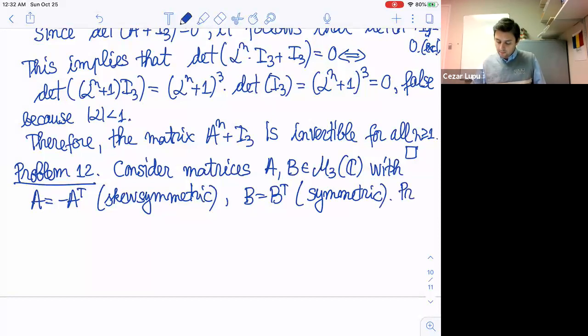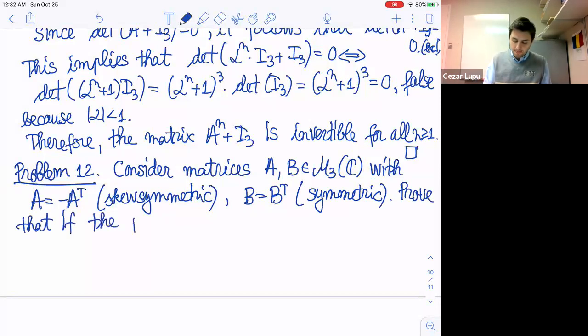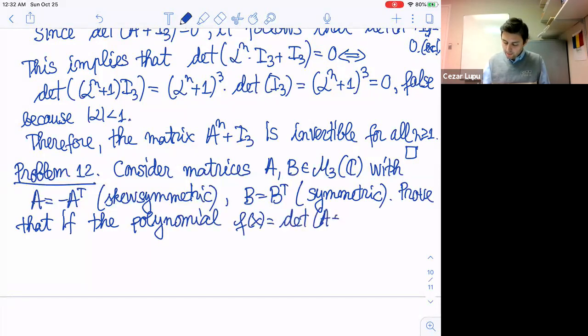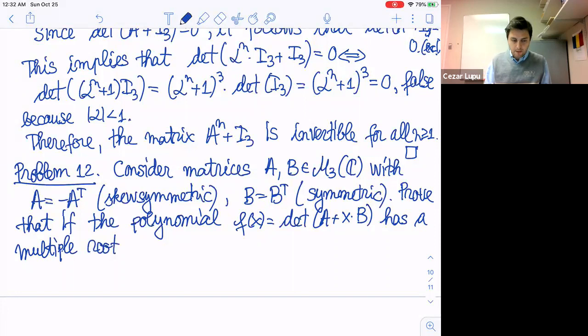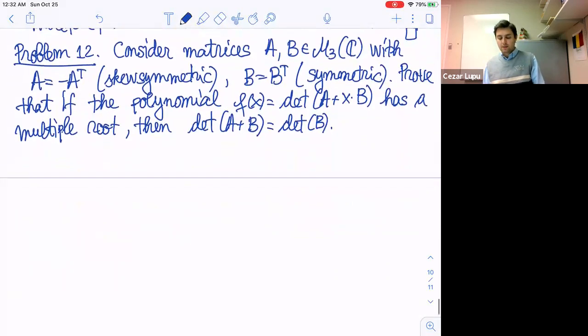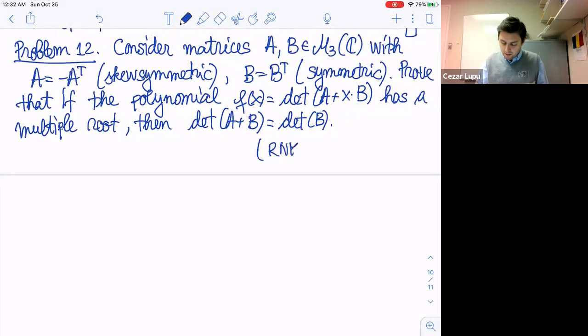Prove that if the polynomial f of x equals the determinant of A plus xB has a multiple root, then the determinant of A plus B is equal to the determinant of B. All right, I think this was some kind of Romanian National Math Olympiad 2010.